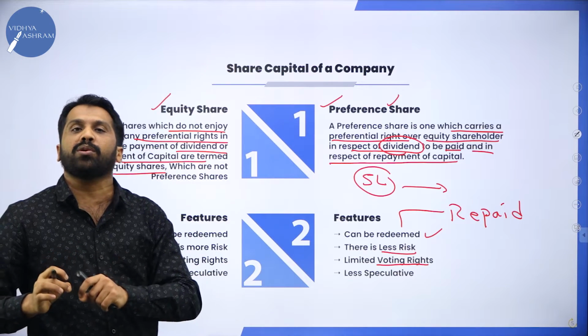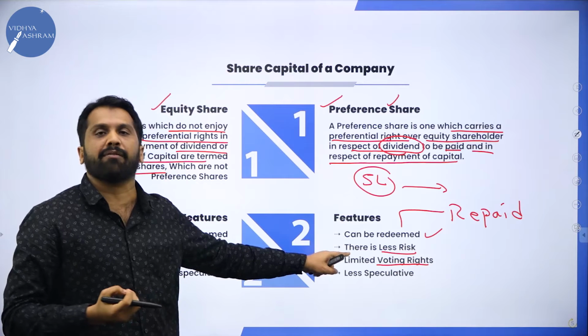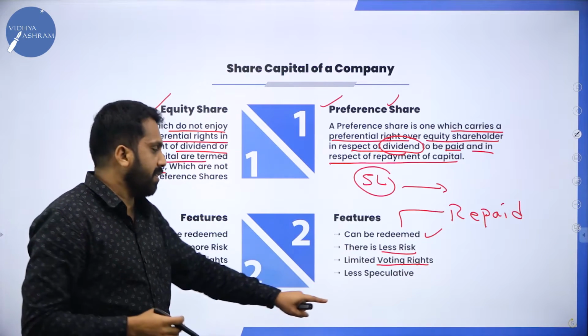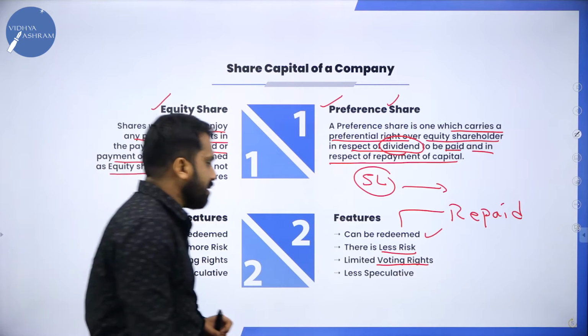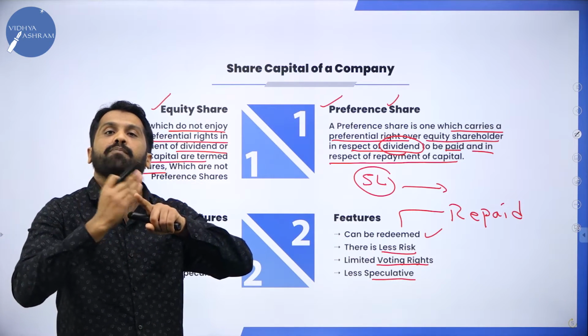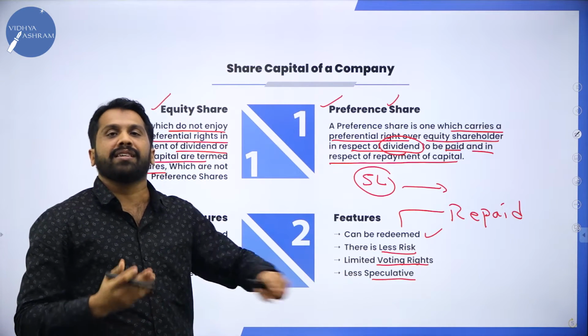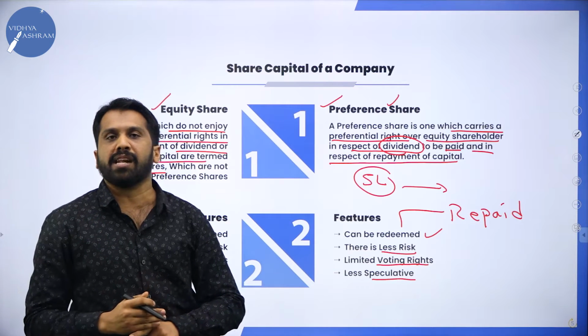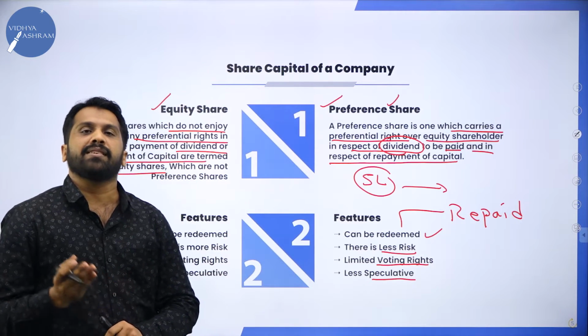Normally preference shareholders cannot vote, but in some cases they have the right to vote, that's why limited voting rights. Last is less speculative. The fluctuation of price is less in this, so it is less speculative. These are the features of preference shares.